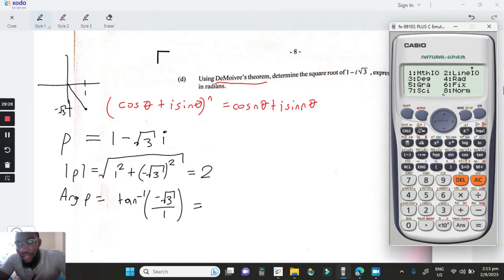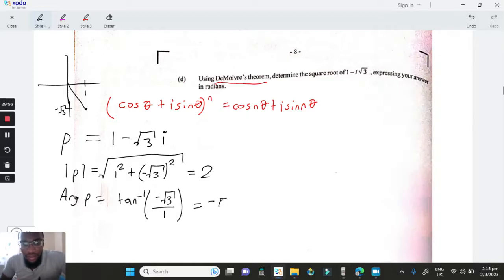Remember it should be in radians. I put that into the calculator and we get minus pi by 3.